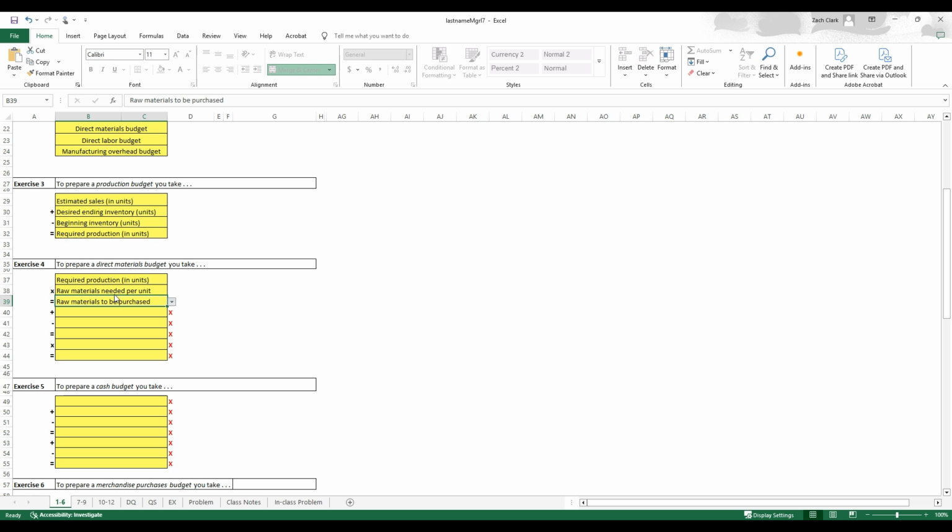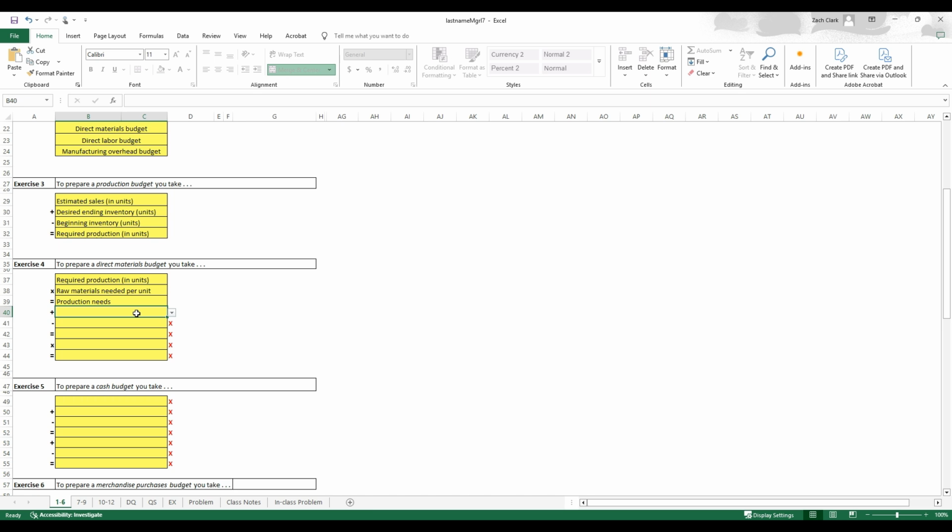So required production times raw materials per unit should equal total raw materials needed for production. Okay, that's a funny way of saying that, but good thing we do this together. We'll figure this out as we go.